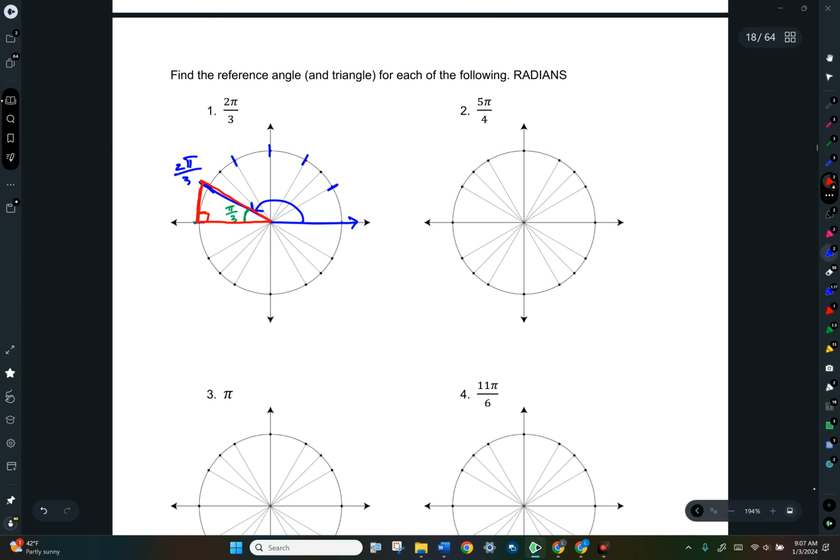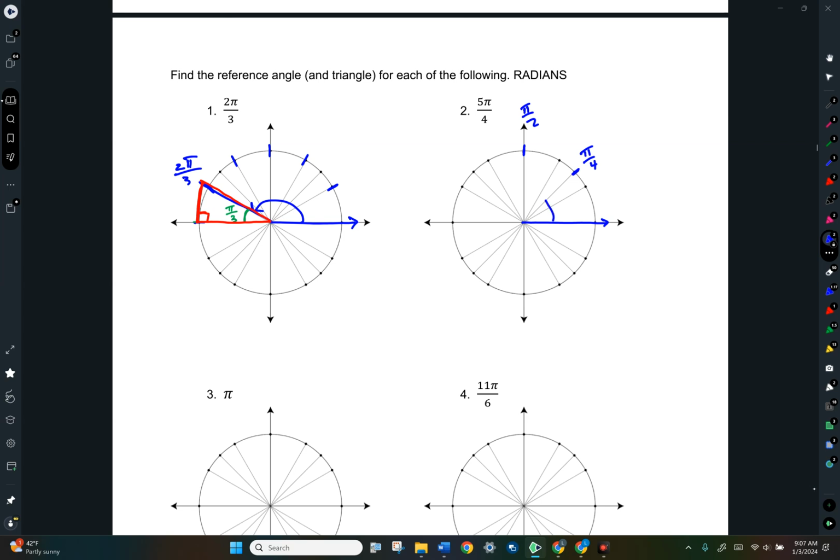Okay, so look at number 2. If I have 5/4, here's where I start. Something to keep in mind, remember back in section 6.2 or 6.3, whatever section it was, how we said if this is pi over 2, halfway between those are the fourths. So think about it. If I have 5/4, each quadrant has 2/4, right?